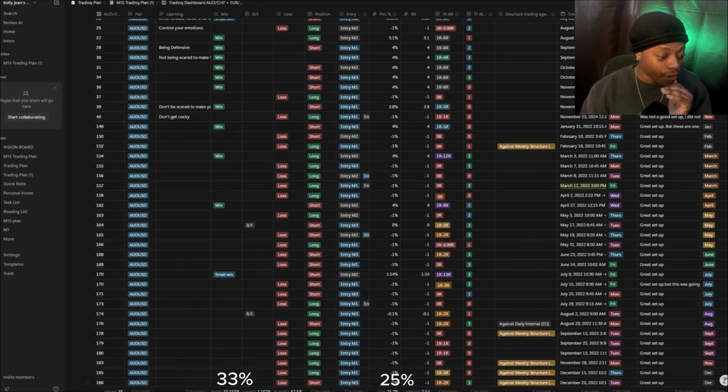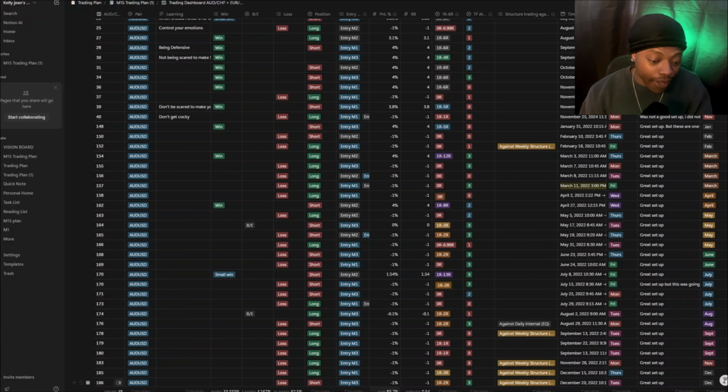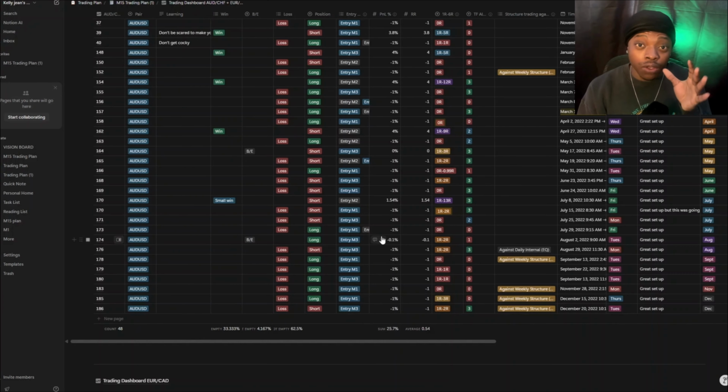And out of 48 trades, the sum is 25%. What does that tell you? That means if I were to take 48 trades, I'll be able to pass not one, but 2 prop firm accounts, maybe 1.5. That shows you how likely you are to pass a prop firm with a 1 to 4.